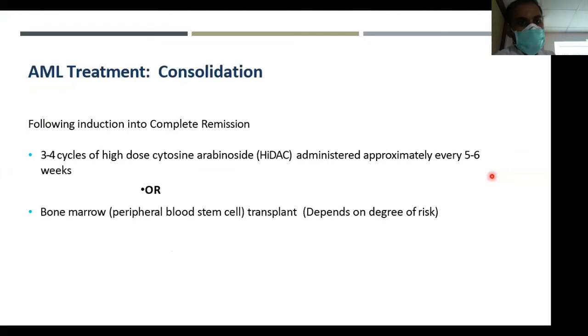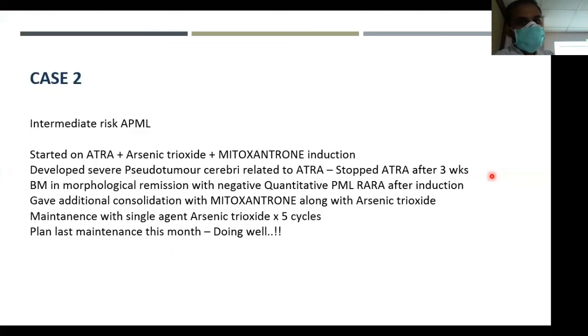AML M3, I'll rush to our case 2. It's an intermediate risk APML. She was started on arsenic trioxide as well as ATRA and mitoxantrone, an anthracycline. She developed a severe pseudotumor because of obesity.